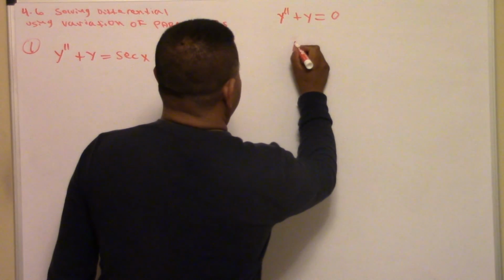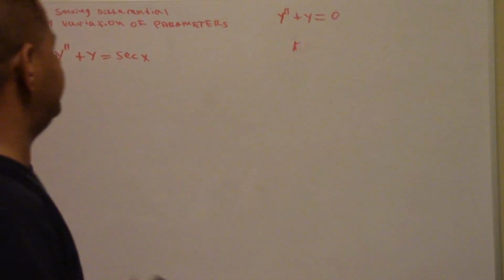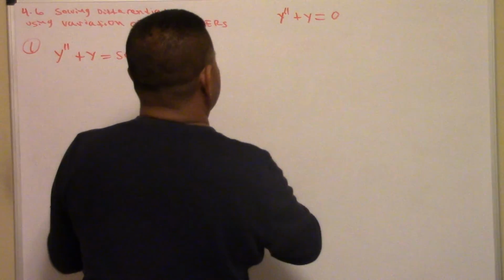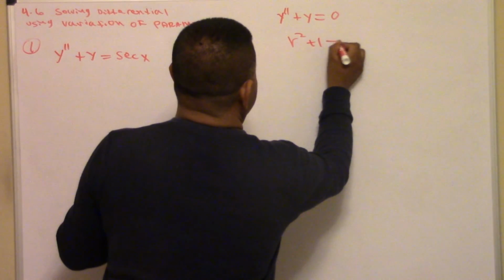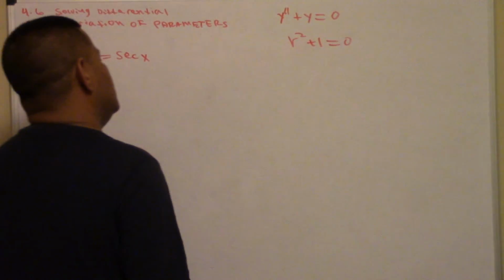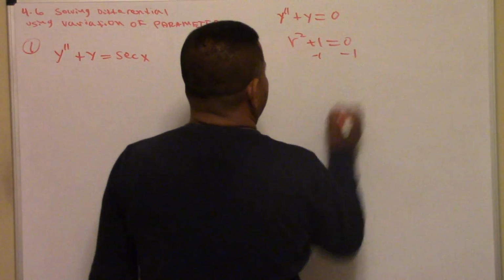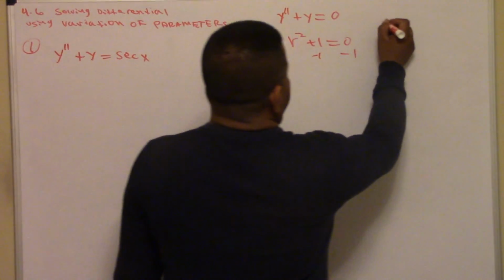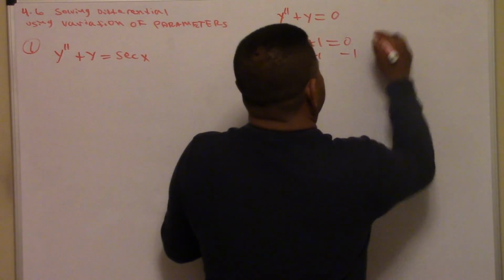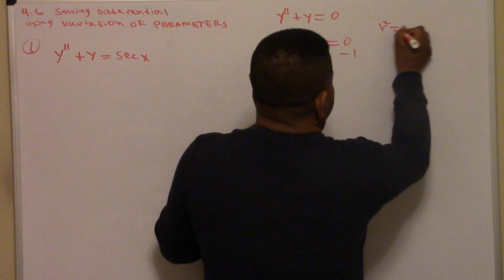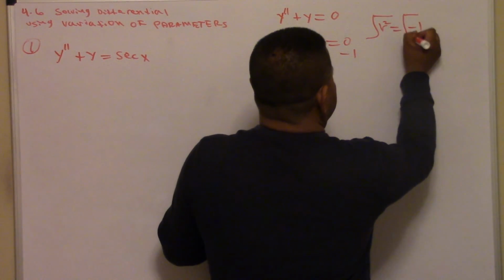It's going to be r squared plus 1 equals 0, right? So I subtract 1, and I get that r squared is equal to negative 1, right? If I take the square root on both sides, what do I get?